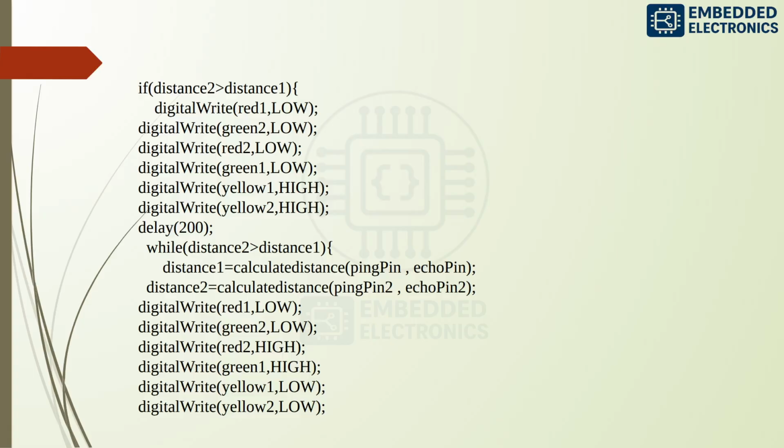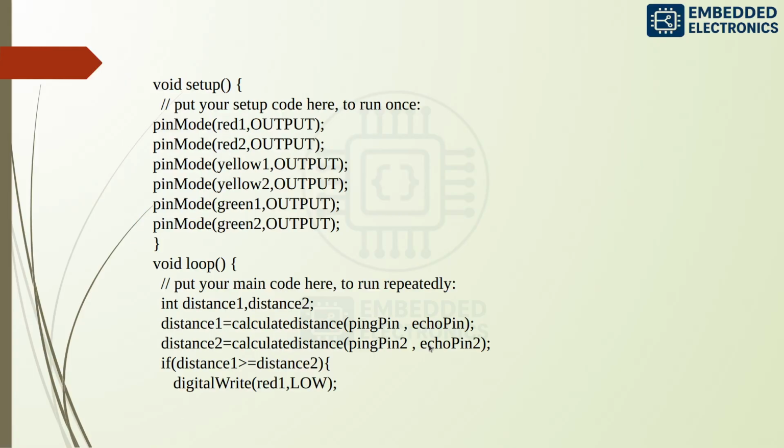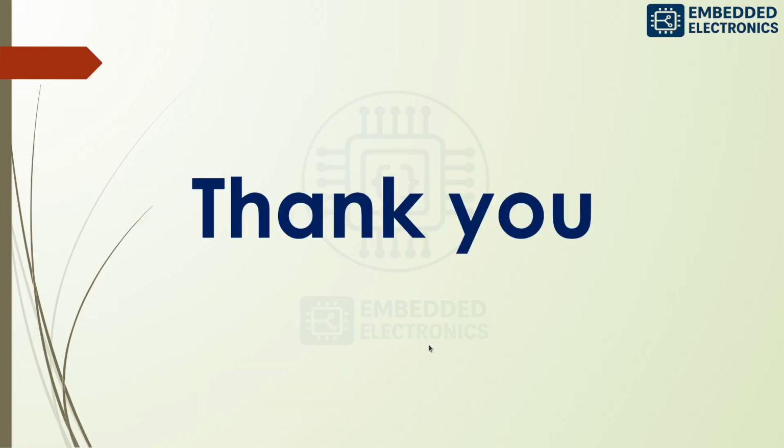It waits until the density problem is actually solved before changing lights. Here you need to consider red 2 is high and green 1 is high, and the rest are considered low. All done, right? That's all about the program.